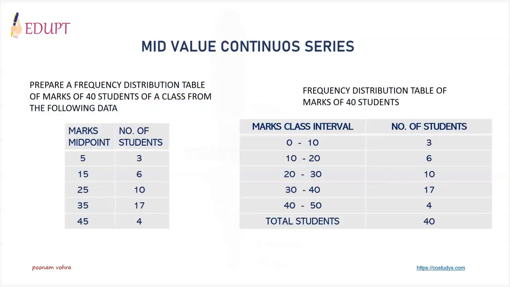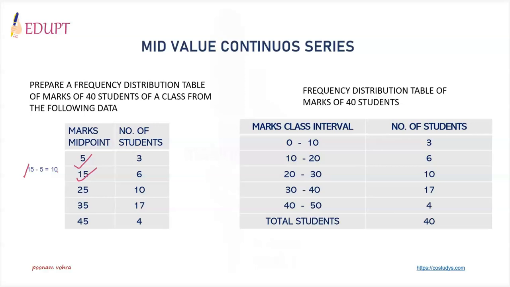Let's see. Now here the midpoint of the first class is 5 and that of the second class is 15. The difference between the two midpoints is 10. Now you need to half the difference in the midpoints of the second class and first class.